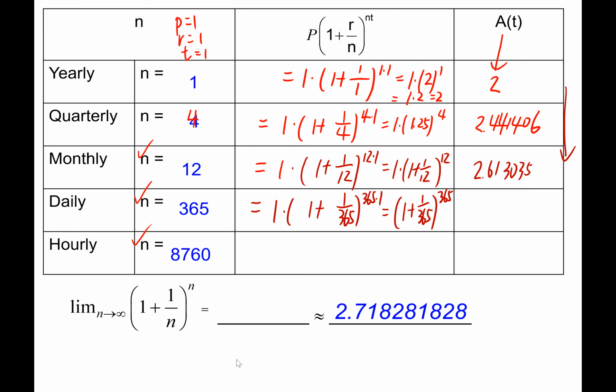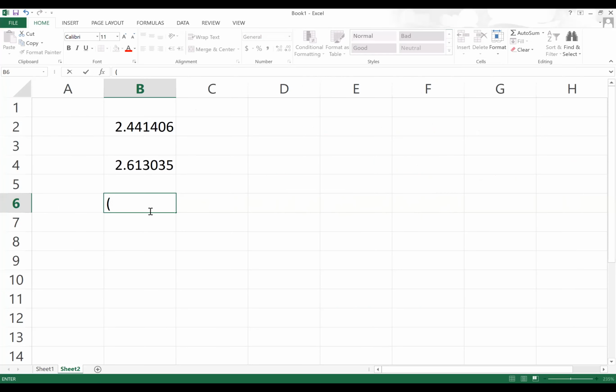That's not needed. So all we have to do is equal to 1 plus 1 over 365 raised to the 365th power. Now that becomes 2.714567.